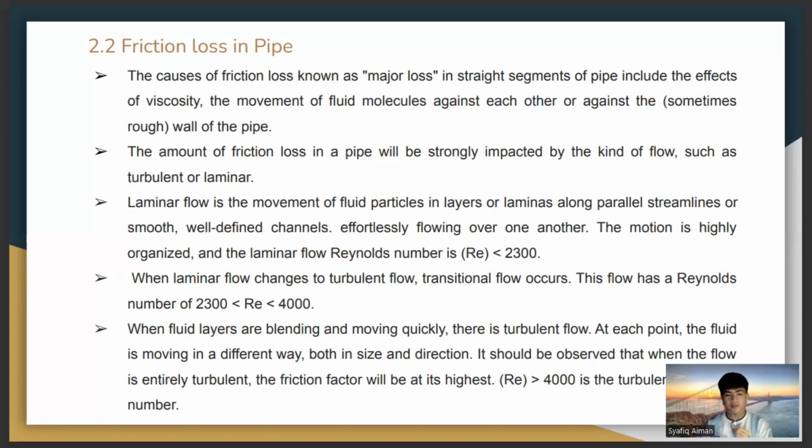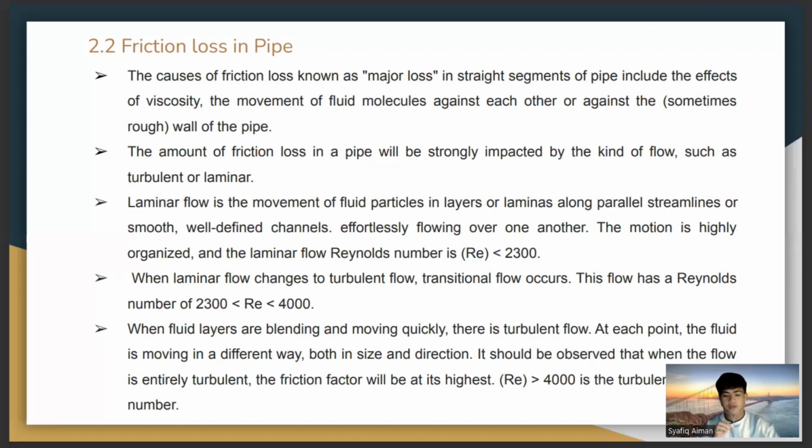The last one is the turbulent flow. When fluid layers are blending and moving quickly, there is turbulent flow. At each point, the fluid is moving in a different way, both in size and direction. It should be observed that when the flow is entirely turbulent, the friction factor will be at its highest, which is when the Reynolds number is more than 4,000.